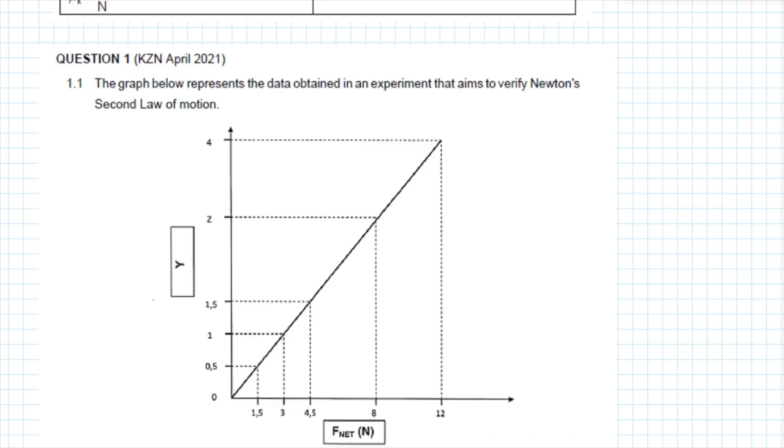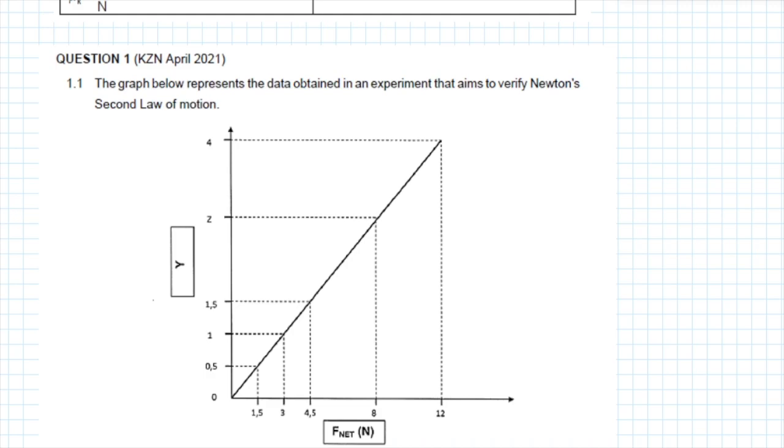So unfortunately, we are skipping the multiple choice section, which is actually a very important section to study while you are preparing for your exams. So please do go over that section using other past papers, but for now we are jumping straight into the longer questions.